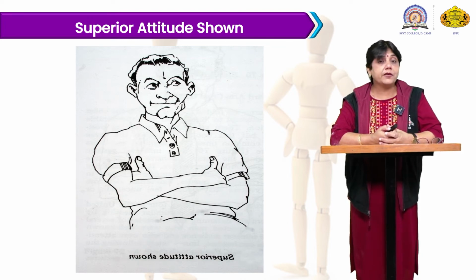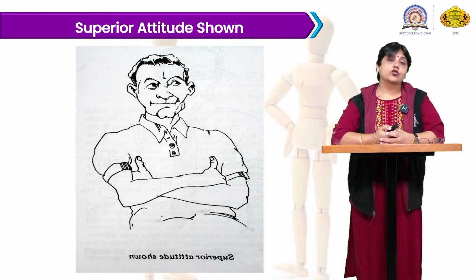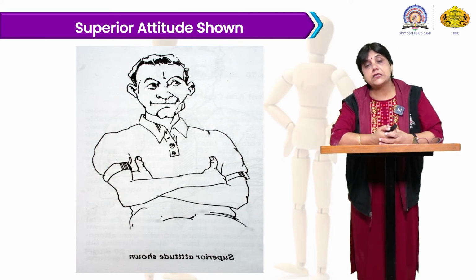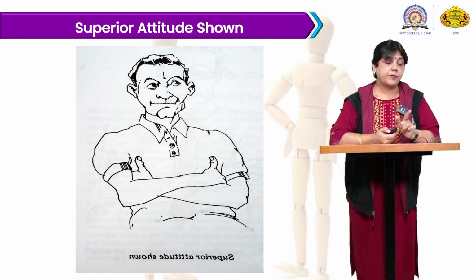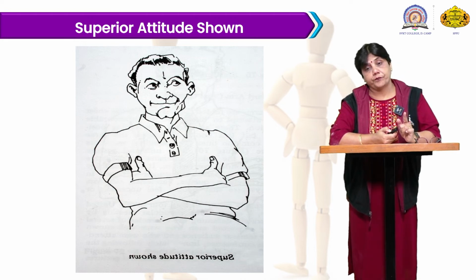But you may be superior. You should avoid showing this attitude because if you are superior, you cannot treat another person in an inferior manner. So this type of body language is to be avoided at your workplace because this may raise many ego issues.